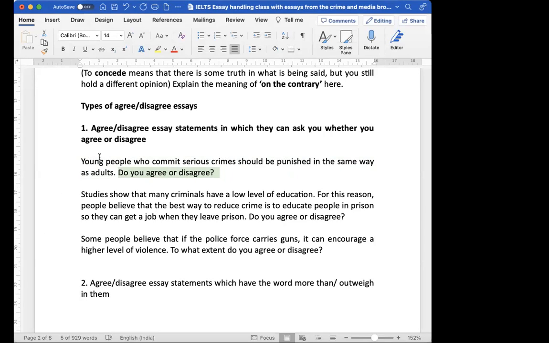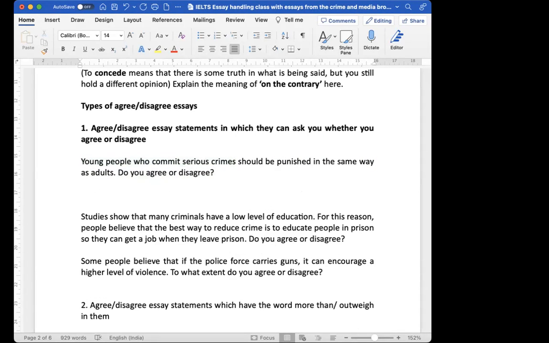So here young people, you can say juvenile. It is believed by some that juvenile delinquents, ये है young people who commit serious crime. कौन होते हैं? Below 18. हाँ, it is believed. देखो, agree disagree ऐसे में हमेशा कोई कुछ कह रहा है. तो उसकी starting ये आप कर सकते हो.